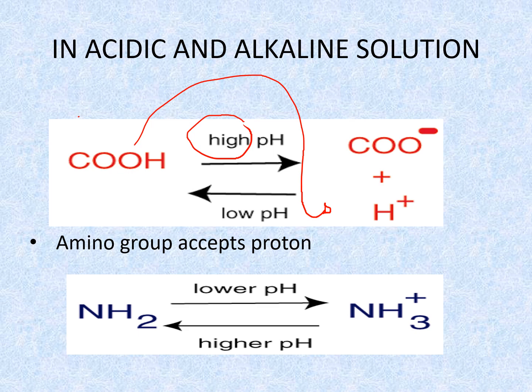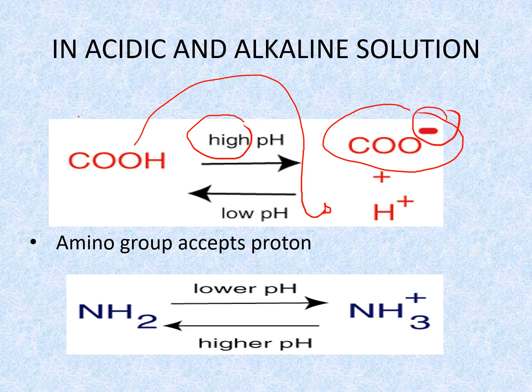Again, carboxyl group will let go the proton if the group is exposed to an alkaline environment or in high pH. So once it loses the proton, your carboxyl group now will become C double bond O, O with a negative charge.